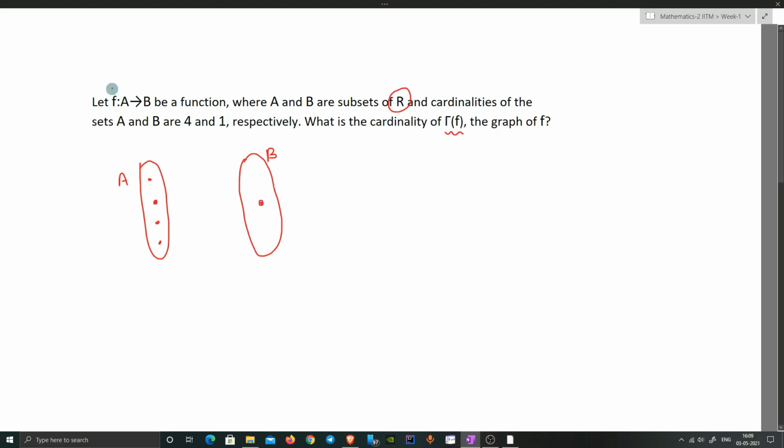So there is a function which maps every value in A to a single value in B. All these points are mapped to a single point. So what will happen to the graph? The graph of f will have all the points x comma f of x.